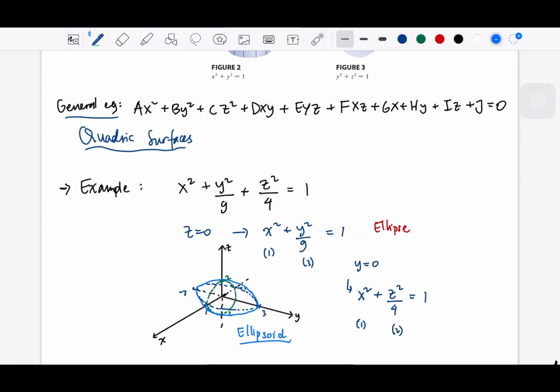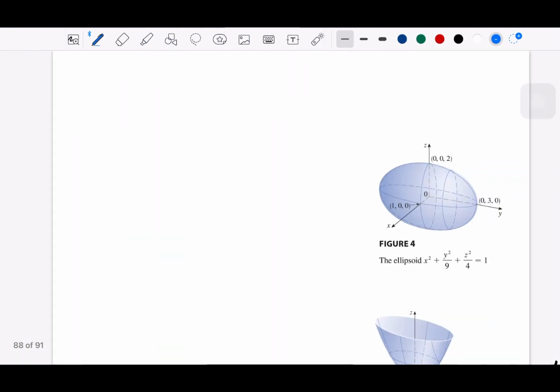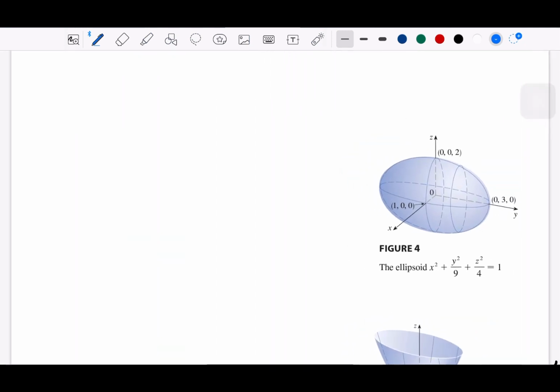Okay, next one. Yeah, this is the ellipsoid.